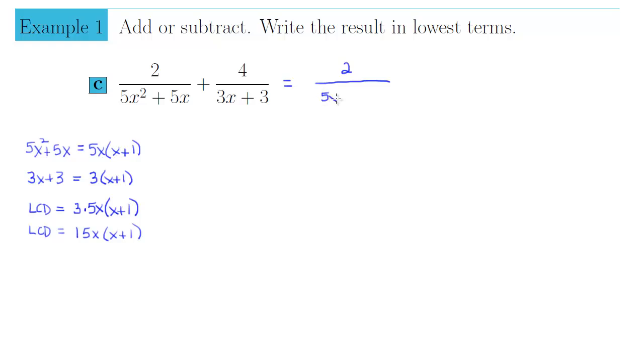That's 2 over 5 times x plus 1, or 5x times x plus 1. The second rational expression is 4 over, and again I'm going to factor this out when I rewrite it, 3 times x plus 1.